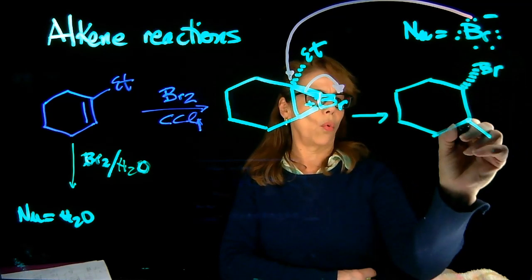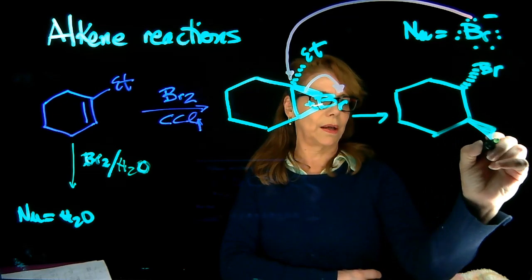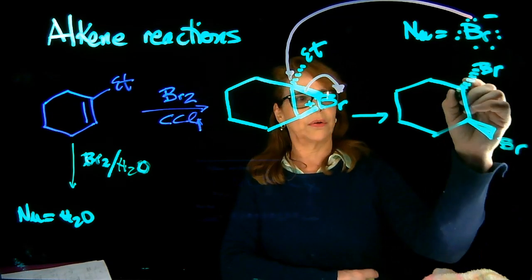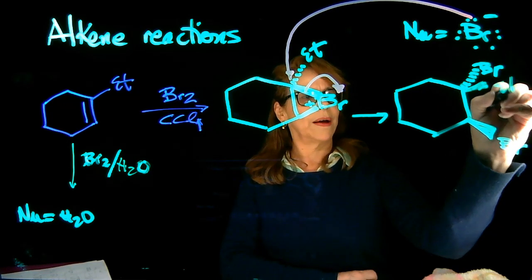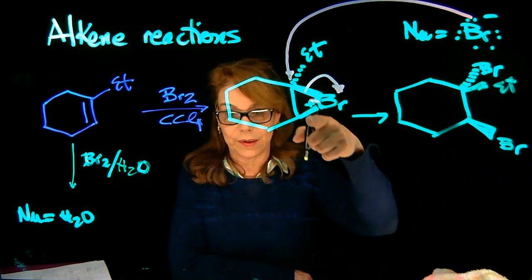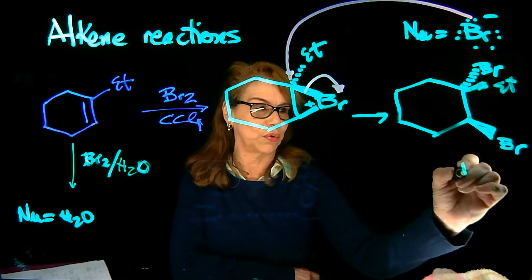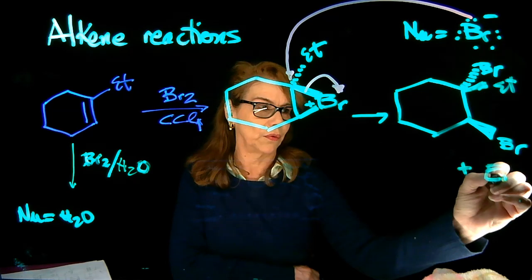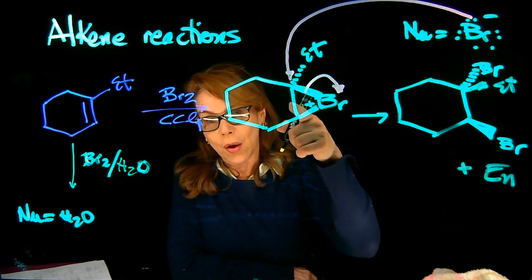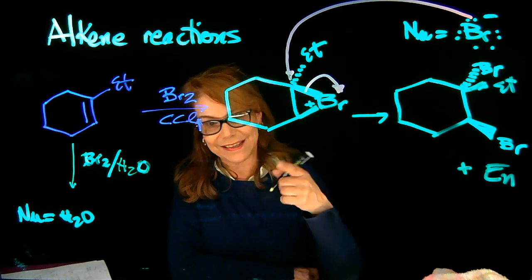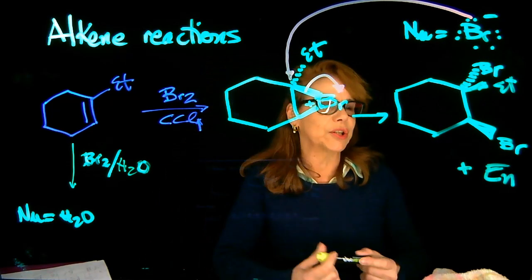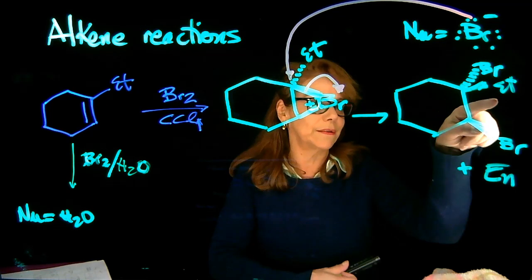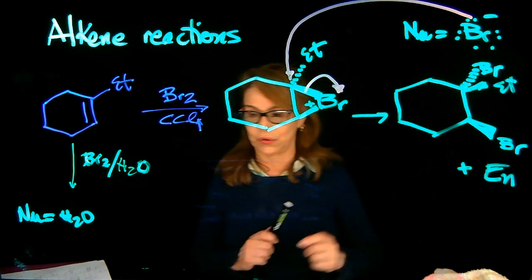One bromine is going to be up, say in a wedge, and the other in a dash. But remember that we can also form the bromonium on the opposite side, so we will also get the enantiomer. What I mean by that is drawing this in the opposite way, so these two configurations will be changed. And again, bromonium intermediate, nucleophilic attack at the more substituted carbon.